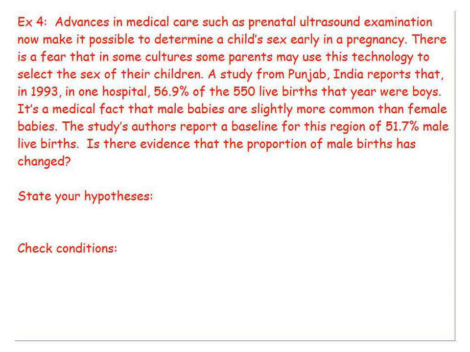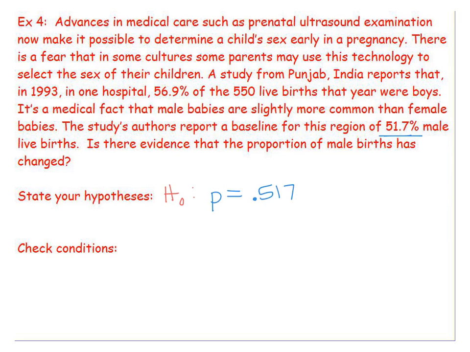So our original hypothesis, H sub 0, is based upon the data for the whole population. So that's what we would consider the baseline data. So this 51.7% is your baseline data. So our null hypothesis is that P is equal to 0.517.